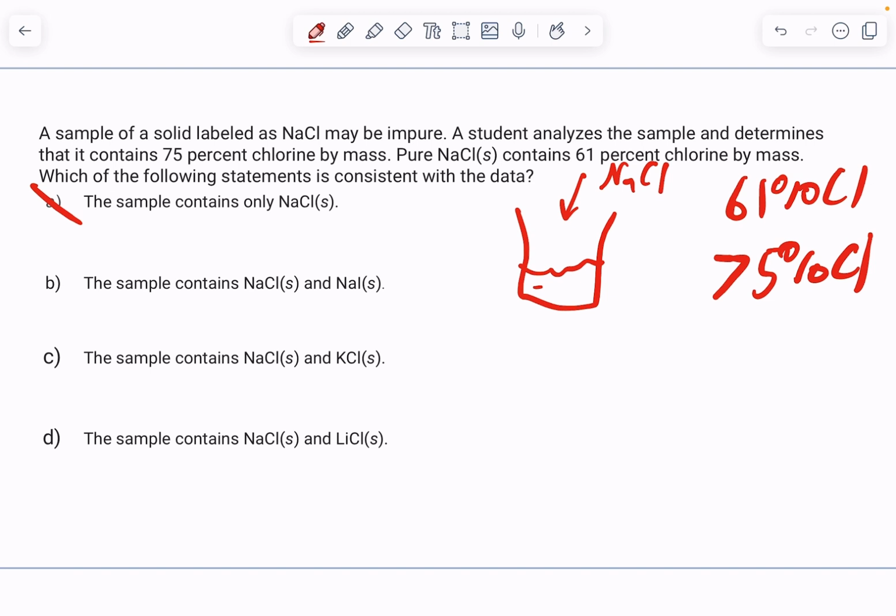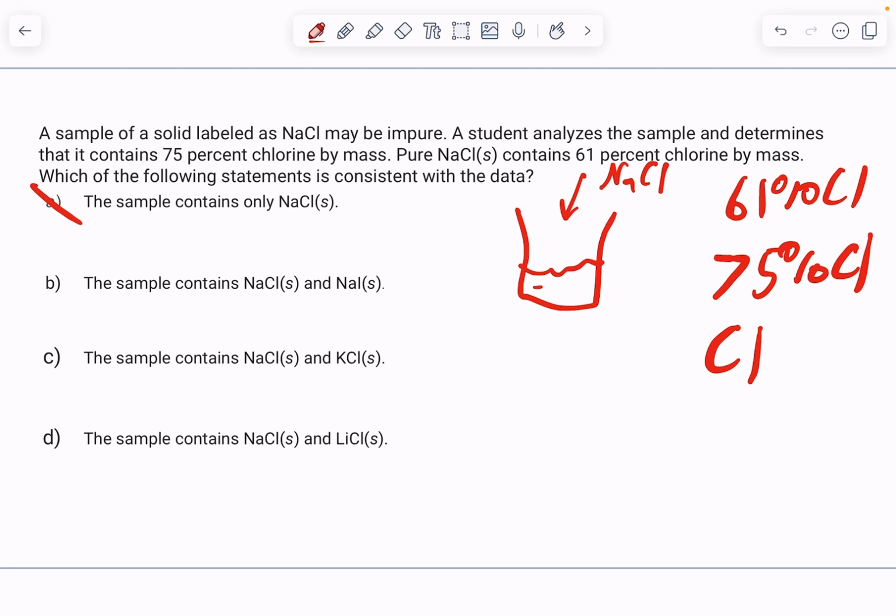So without looking at the next three choices, let's talk about what we know. We know that the percent of chlorine is too high. There's too much chlorine compared to whatever else is with the chlorine, okay?